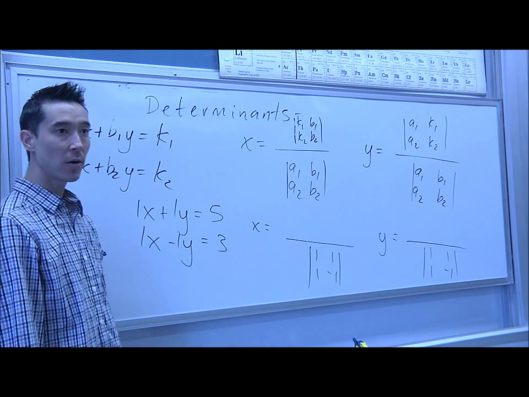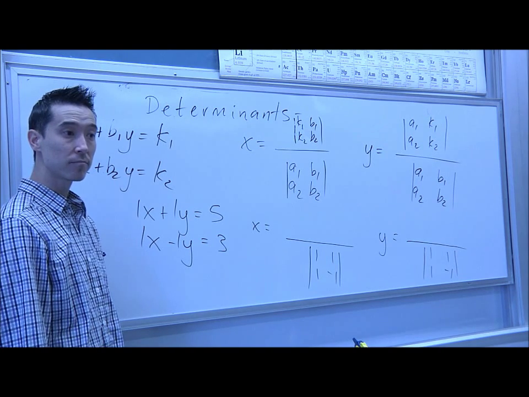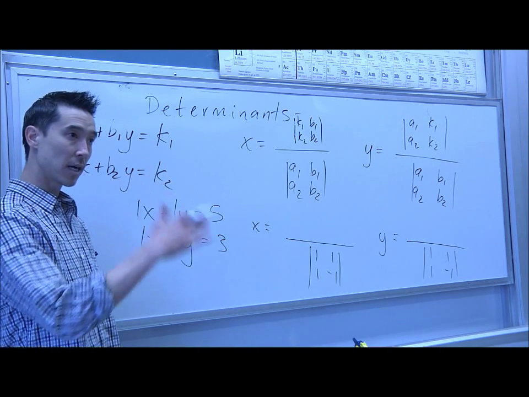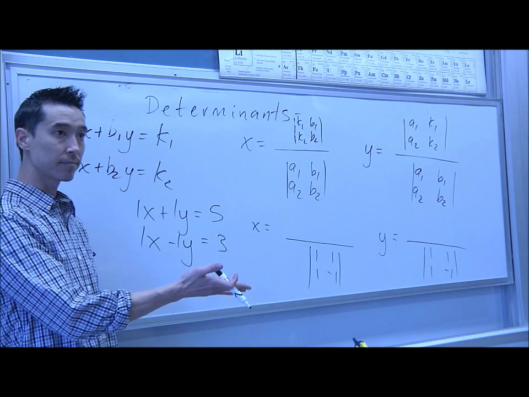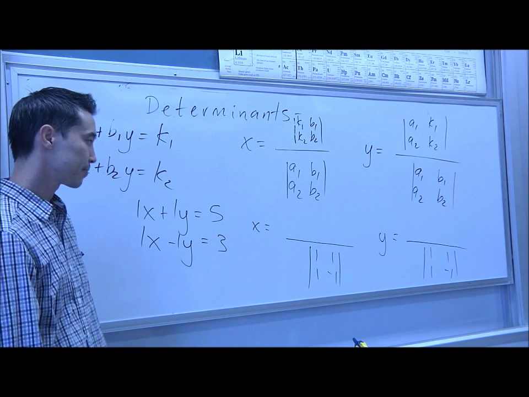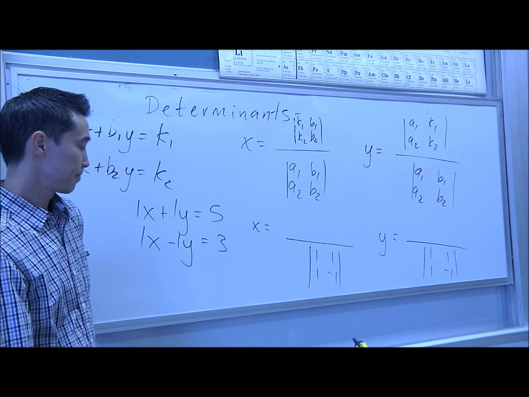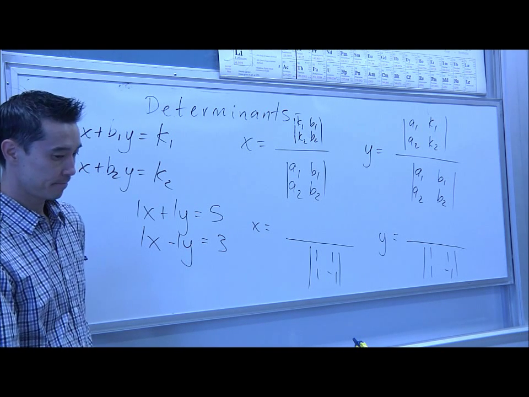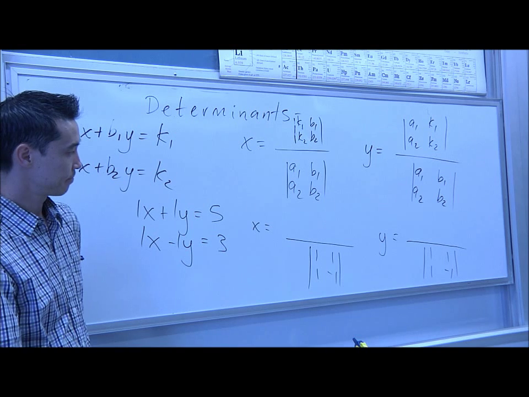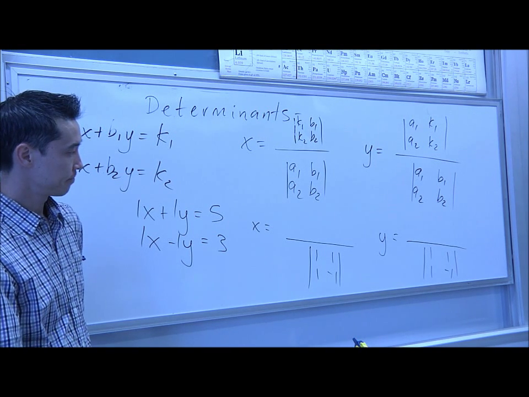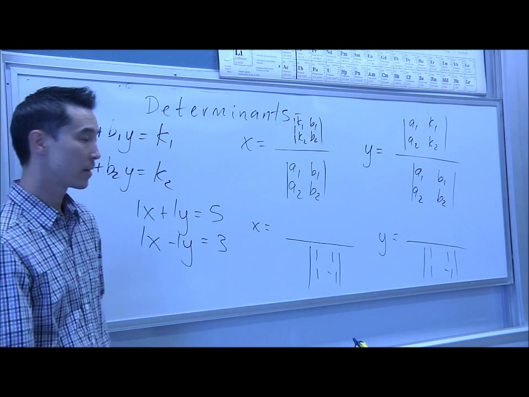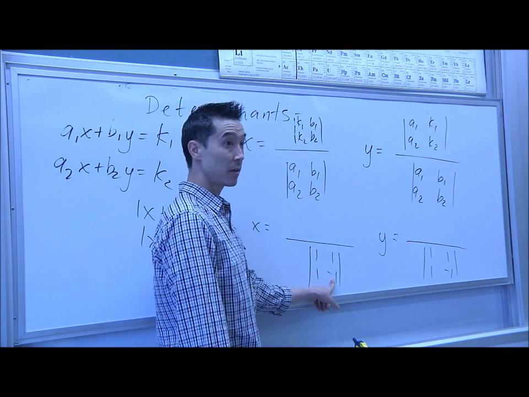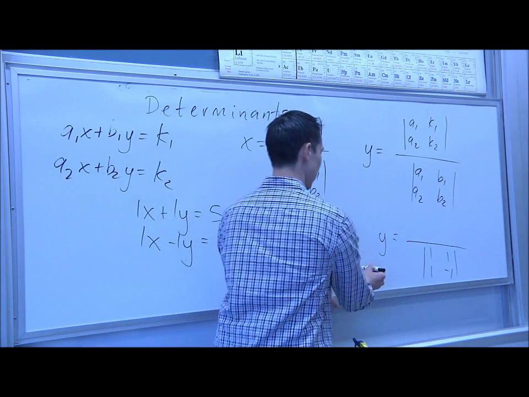Okay, guys, go ahead and evaluate that bottom determinant for me. Should only take a second, right? Diagonal minus diagonal. Everybody know what we're doing? 1 times negative 1 is negative 1.